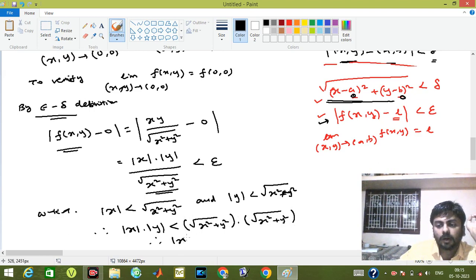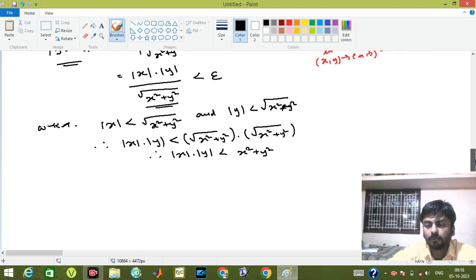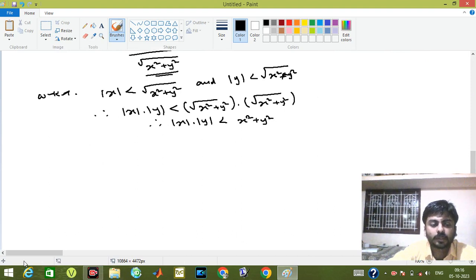Therefore, the modulus of x into the modulus of y is less than, as square root and square root get cancelled, x square plus y square. So what you will get is x square plus y square.